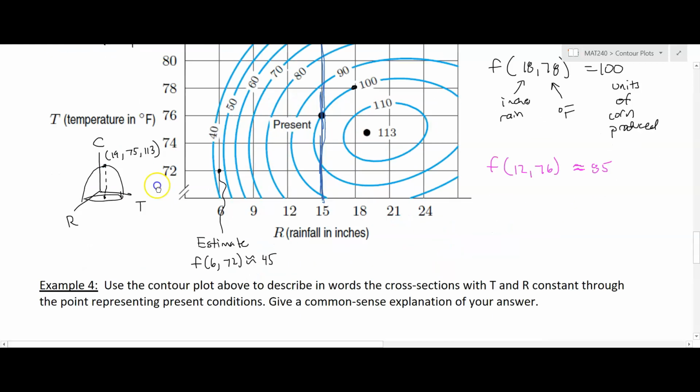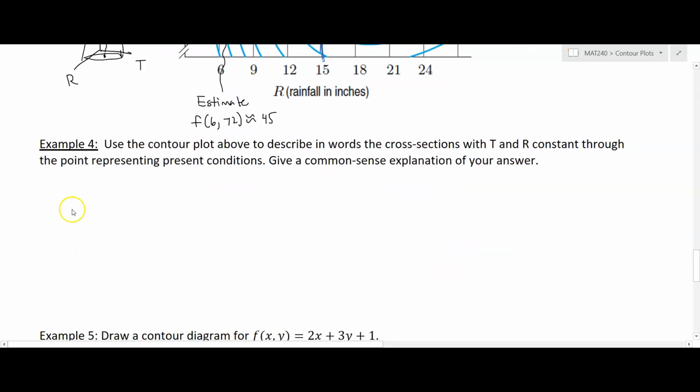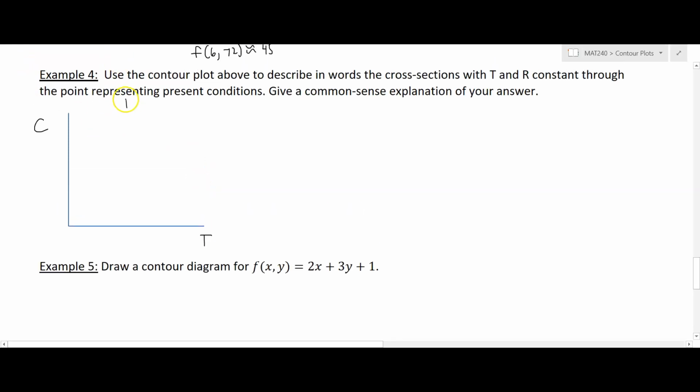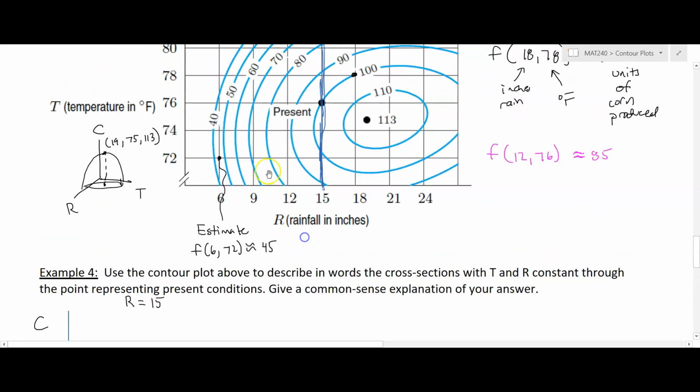All right, let's think about how we could begin sketching this. Here we have the temperature, and here we have the corn production, and we're going to denote that this is when R is fixed at 15 inches of rain. To grab points from here, I could think about all of the places where my contours intersect with 15 inches of rainfall.